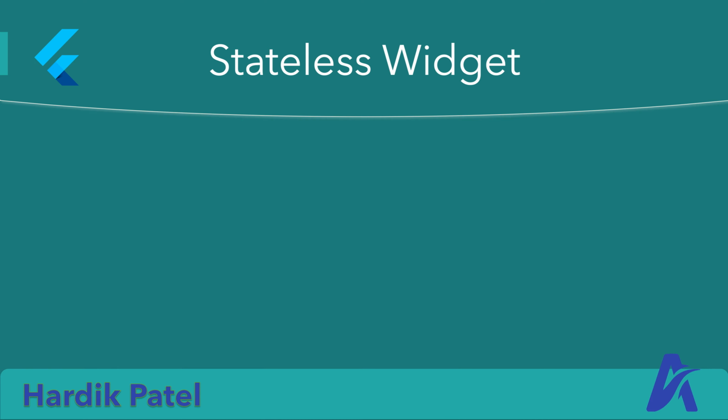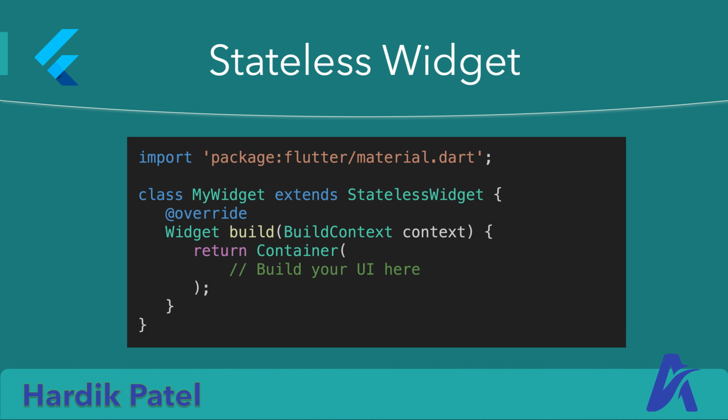So what is a stateless widget? This is the boilerplate code for the stateless widget, where you can write the name of your widget. As you can see here, MyWidget is the name, and you have to extend StatelessWidget, and you need to override one method of the stateless widget, called the build method, where you can write the UI code.